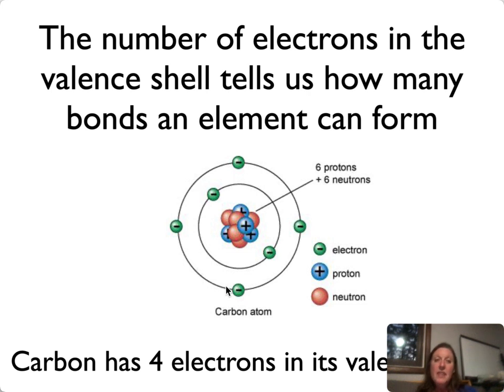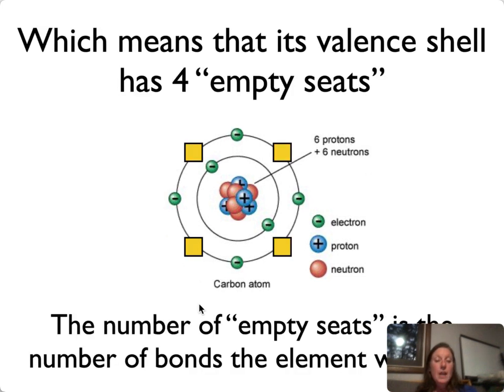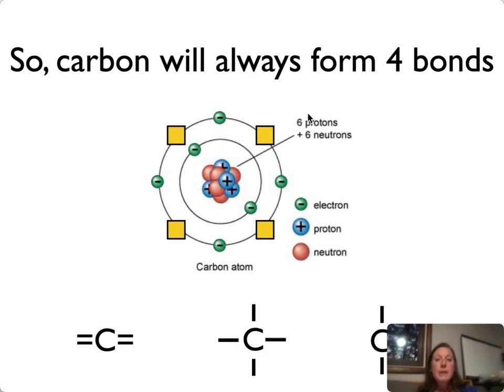Well, remember that this has 8 total seats for electrons, and carbon only has 4. That means that carbon's valence shell has 4 empty seats. Each empty seat represents the potential for that element to bond. In other words, carbon will always form 4 bonds with other elements.